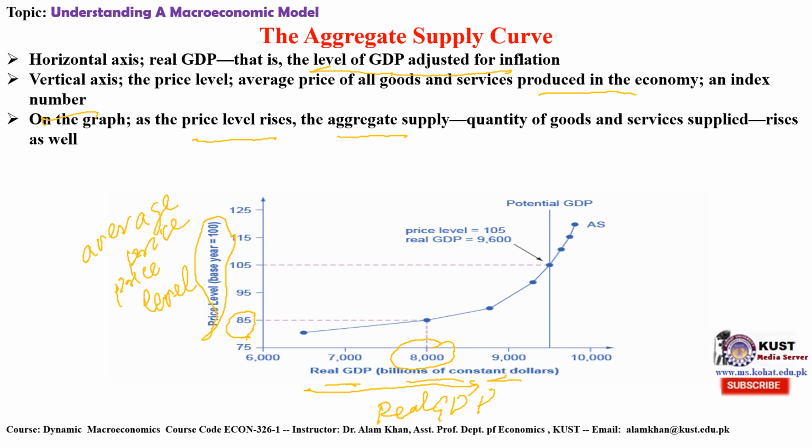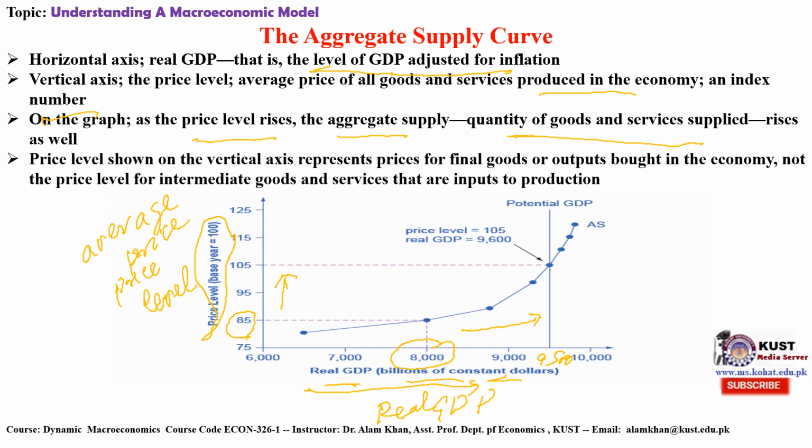But when the price increases, suppose from 85 to 105, the aggregate supply, or the quantity of goods and services produced, will increase from 8,000 to somewhere around 9,500. So as the price level rises, the quantity of goods and services supplied rises as well.